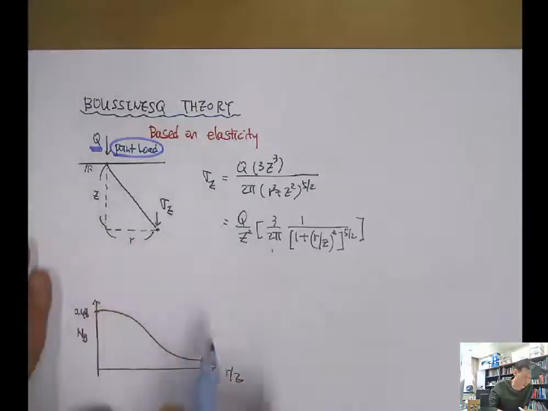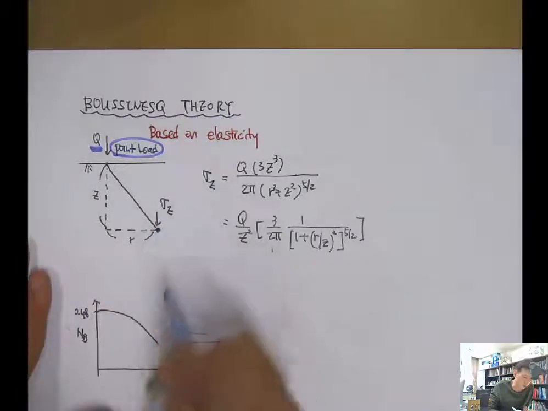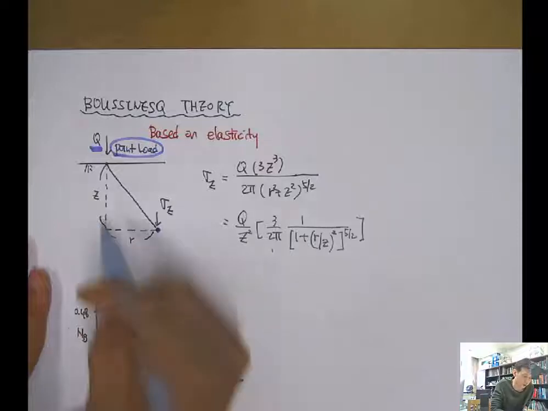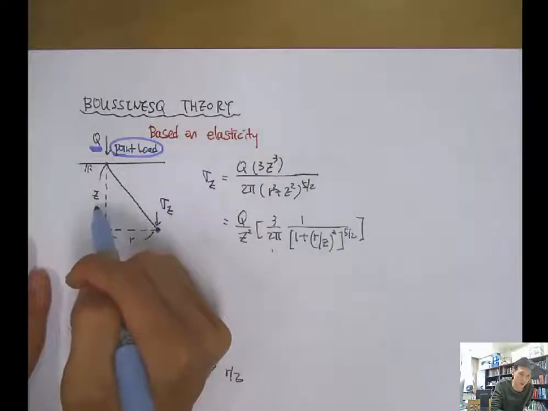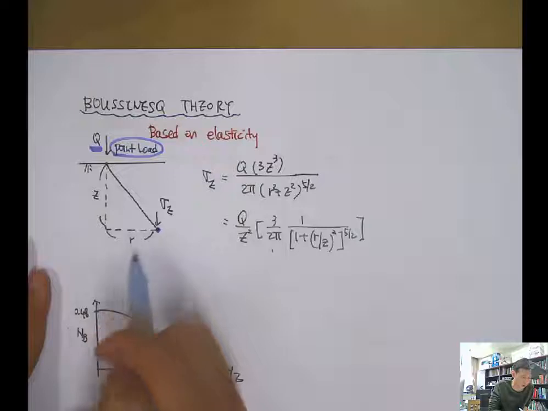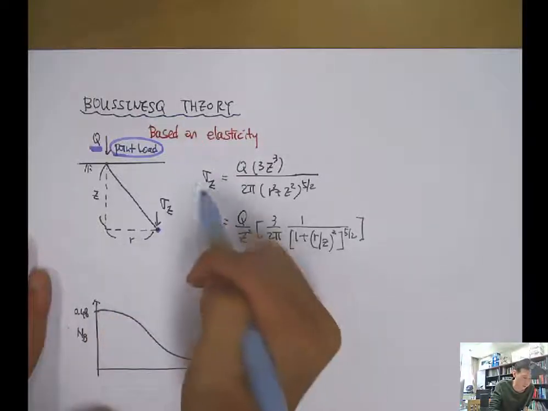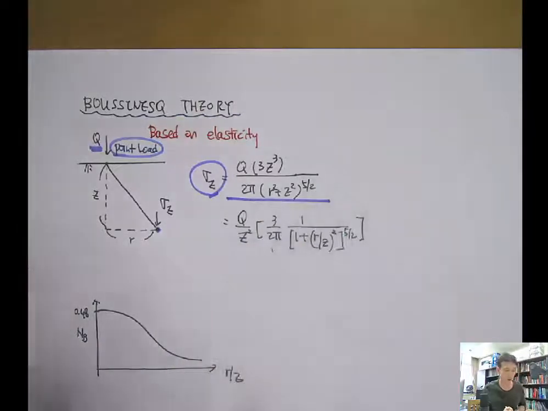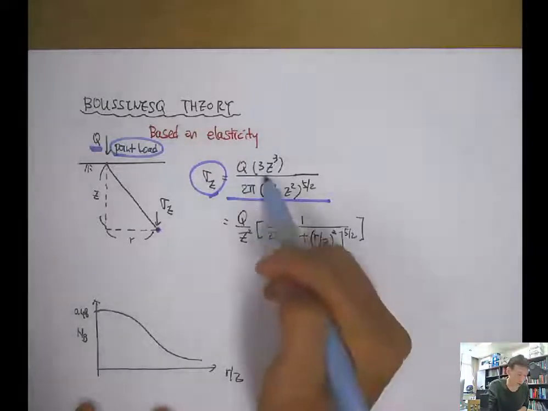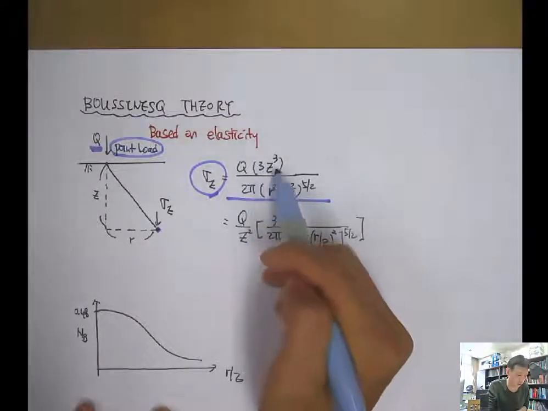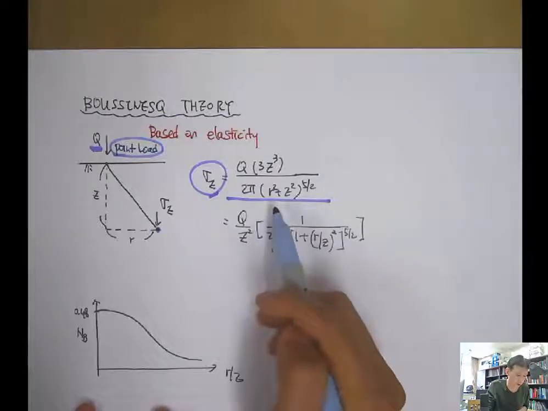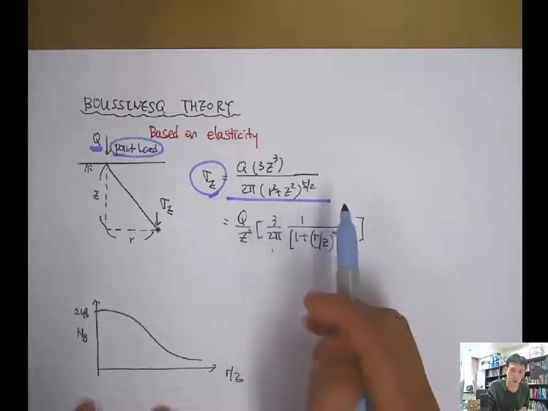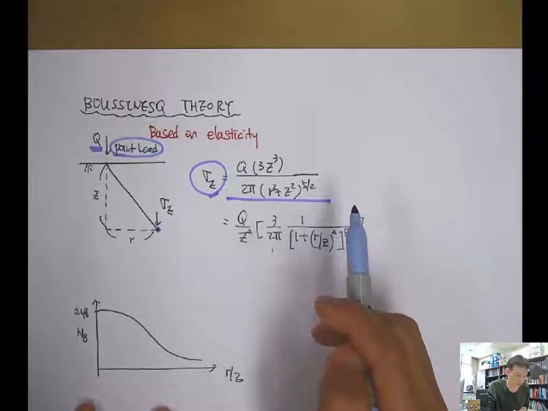Then the stress increase at a certain location, at depth Z and radial distance R apart, sigma Z, can be computed using this equation: Q times 3 Z cubed over 2 pi times (r squared plus z squared) to the 5 over 2.